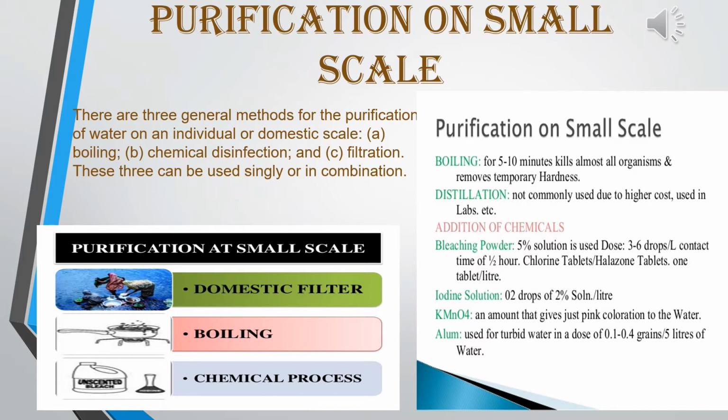Chlorine tablets or halazone tablets, 1 tablet per liter. Iodine solution, 2 drops of 2% solution per liter. KMnO4, an amount that gives just pink coloration to the water. Alum is used for turbid water in a dose of 0.1 to 0.4 grains per 5 liters of water.